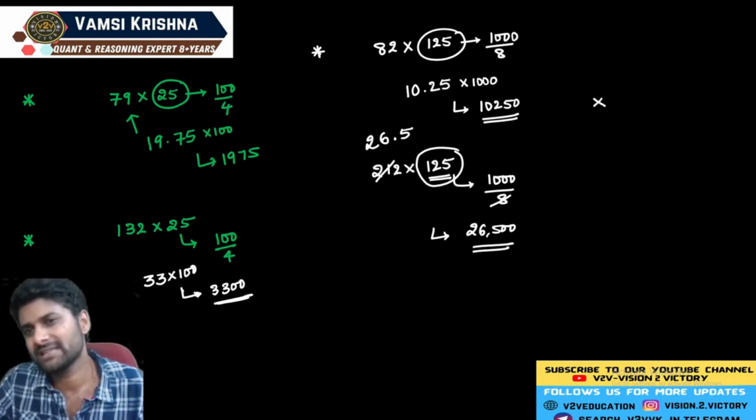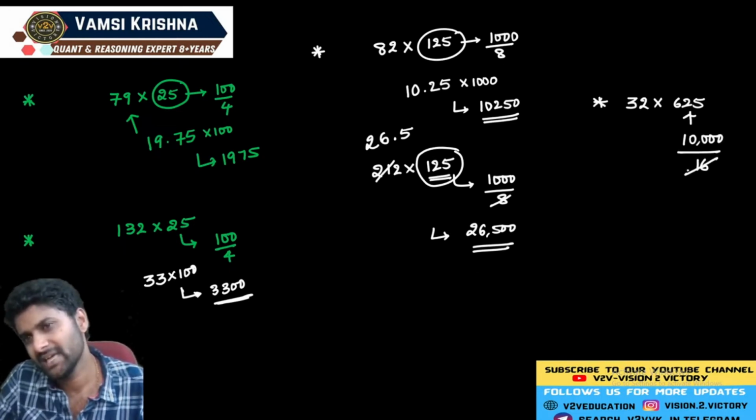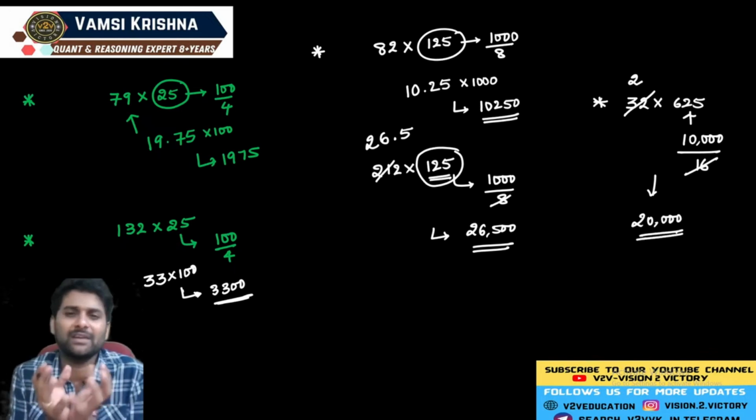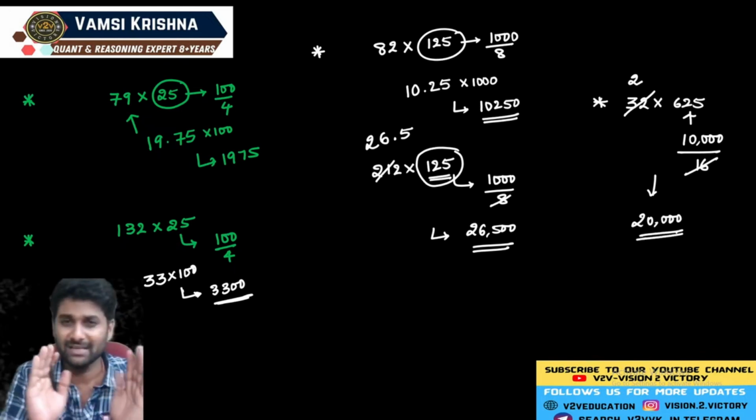So let me take the last example. If 32 is multiplied by 625, you already know that 625 means it's a value of 10,000 divided by 16. If 16 goes into 32 exactly 2 times, here the resultant is 20,000. Guys, these are the different multiplications which are multiplied by any multiple of 5.